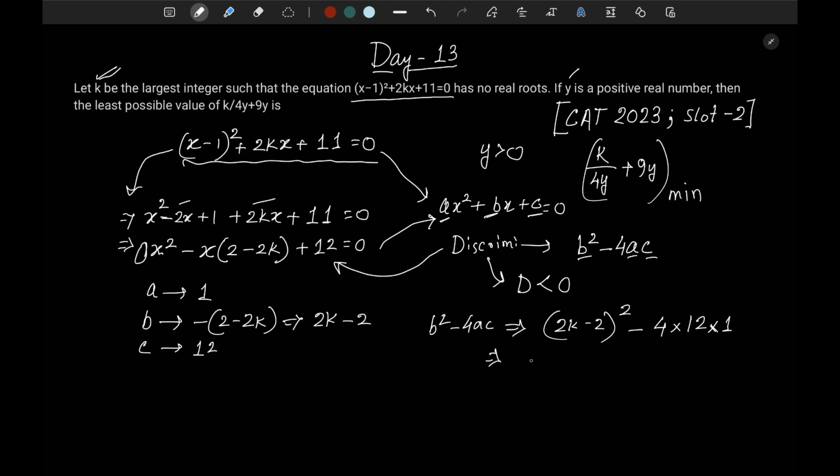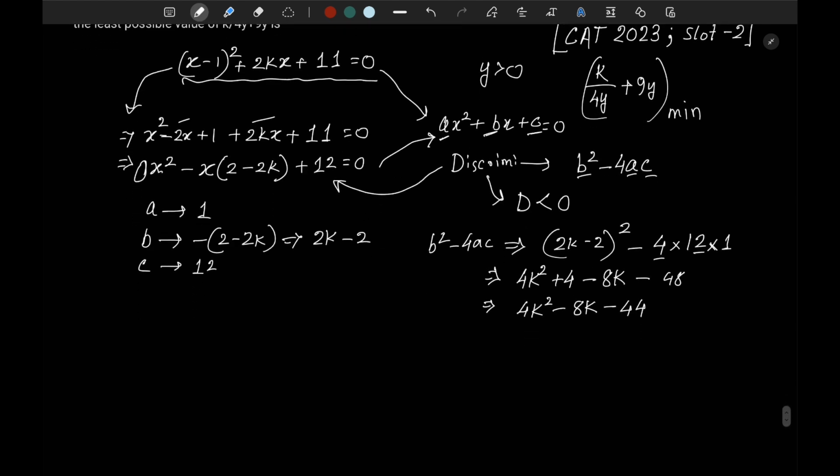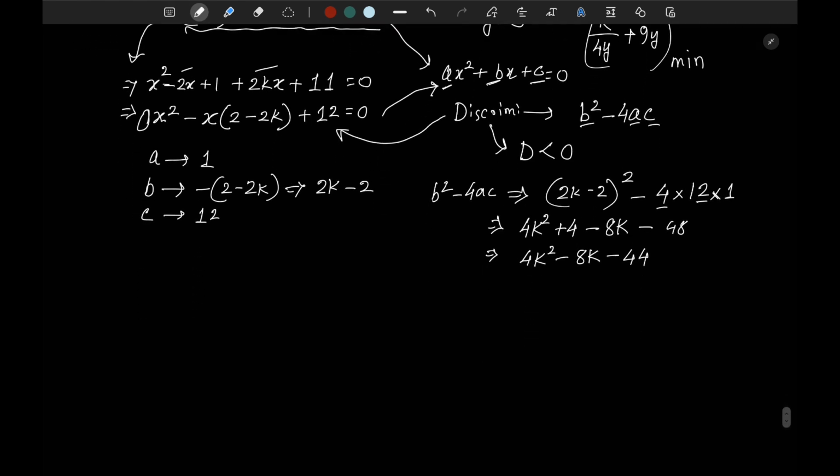When we break this open, this will be 4k square plus 4 minus 2 into 2k into 2, that will be 8k, minus this 4 and 12 is 48. So we will have 4k square minus 8k minus 44, that is your b square minus 4ac or your discriminant.